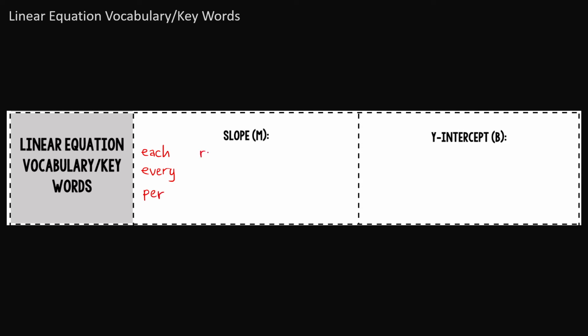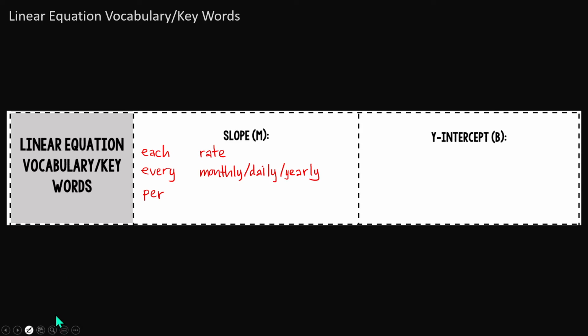We're going to see the word rate very often. You might see some sort of measurement of time like monthly, daily, yearly. So these are all ways that we can identify slope in a word problem.